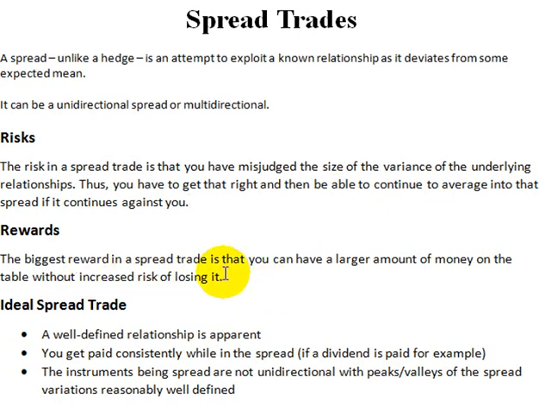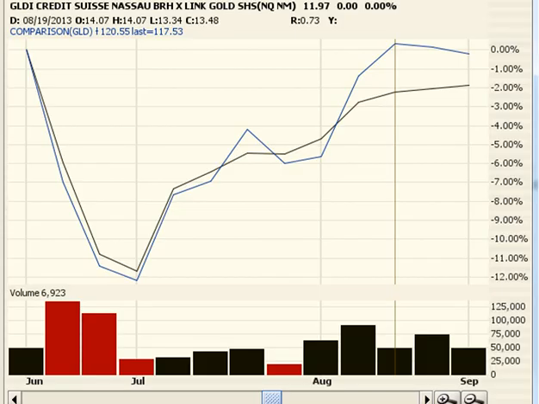What's the reward? Well, the reward, of course, is that you can put a lot more money on the table in a spread. Why is that? Well, because you're playing both sides of it, right? I don't expect the deviation to be more than, say, 5% again.